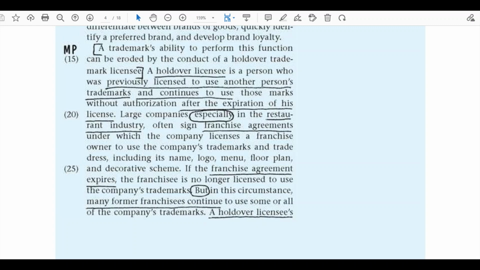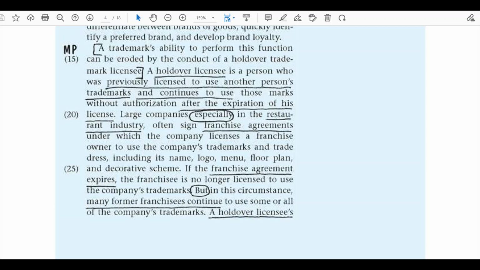Large companies, especially in the restaurant industry, often sign franchise agreements under which the company licenses a franchise owner to use the company's trademarks and trade dress, including its name, logo, menu, floor plan, and decorative scheme. If the franchise agreement expires, the franchisee is no longer licensed to use the company's trademarks. But in this circumstance, many former franchisees continue to use some or all of the company's trademarks.